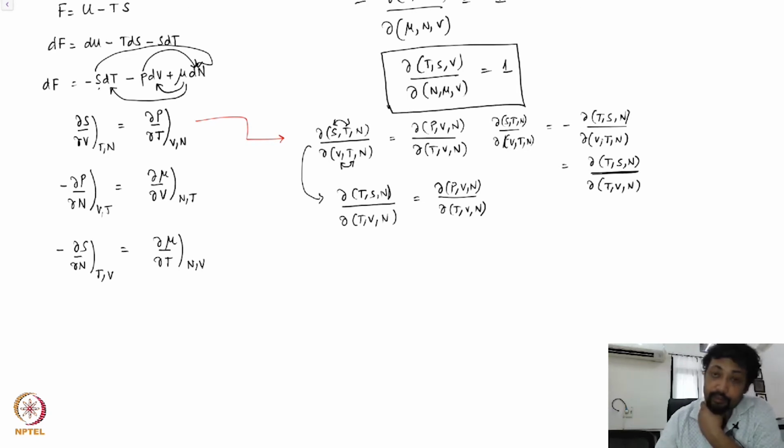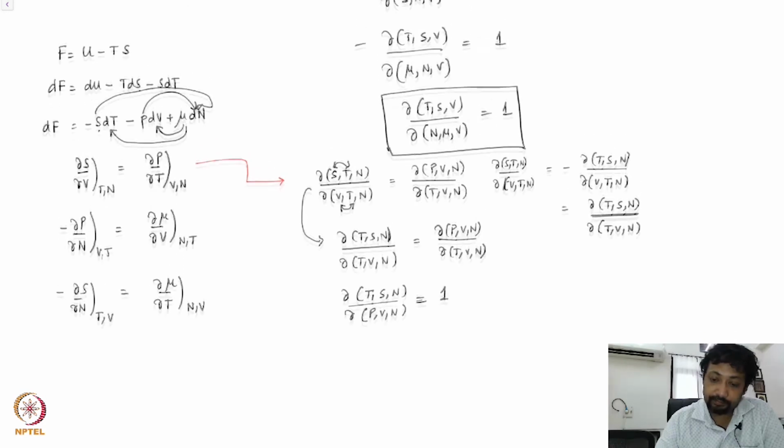The minus sign is now absorbed in the denominator, in redefining the denominator. So therefore I have del of t, s and n and del of p, v and n is equal to 1.